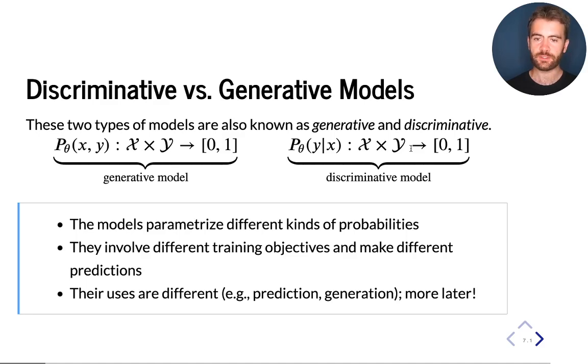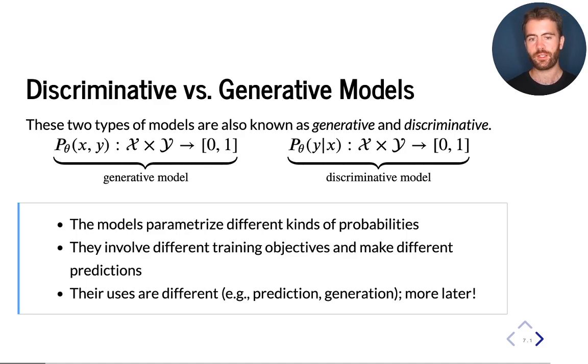And as a result, because these two approaches are different, their uses are going to be different. Some types of models will be more suitable to a certain use, and the other class will be more suitable to a different set of uses. For example, if we are interested only in prediction, we would use one class.